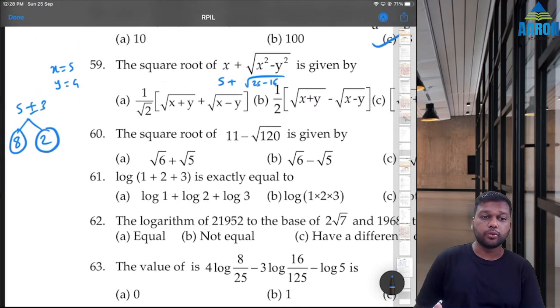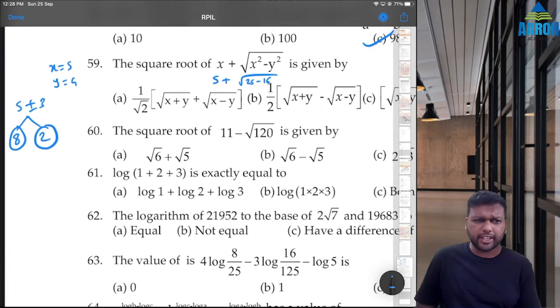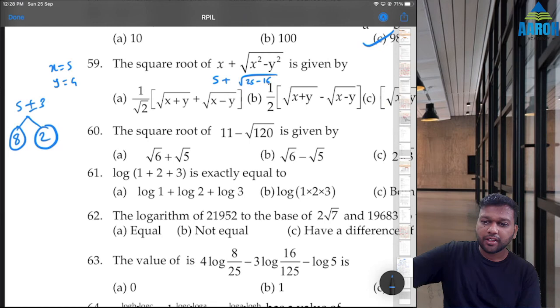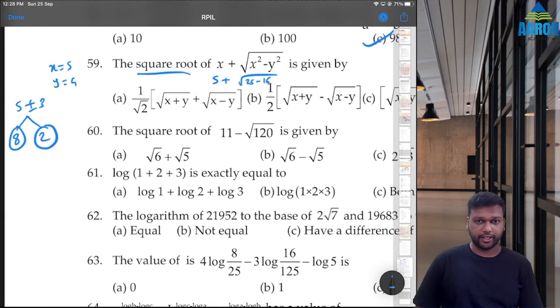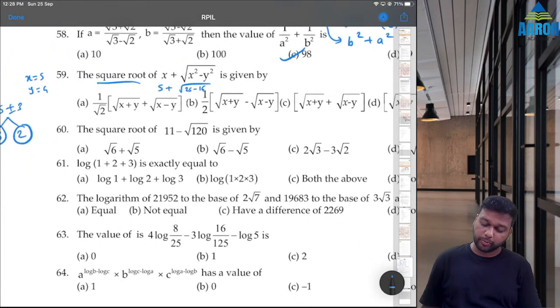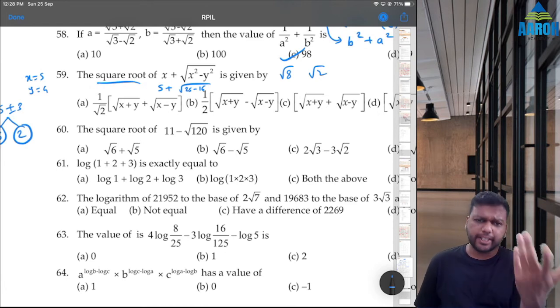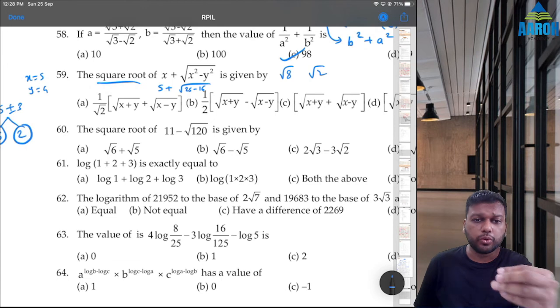Not square roots, these are two answers. Now consider carefully. We want the square root of this, right? That means our options should be either root 8 or root 2. So let's check which options are root 8 or root 2.